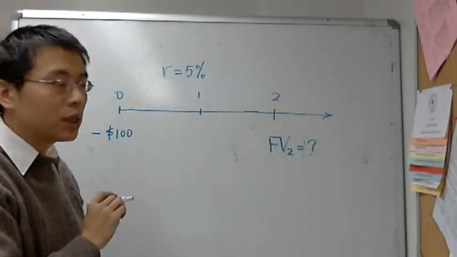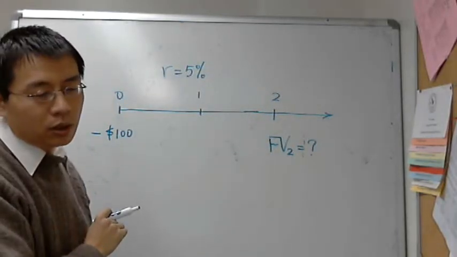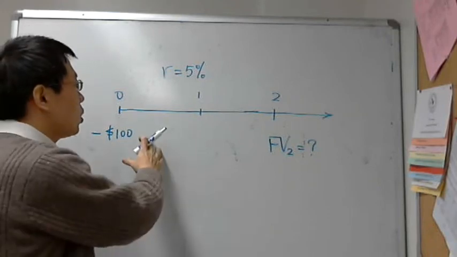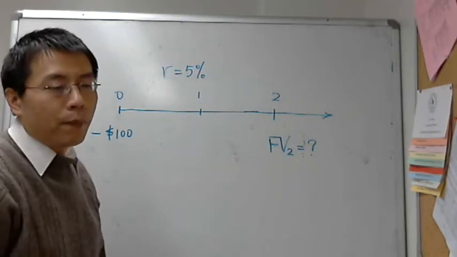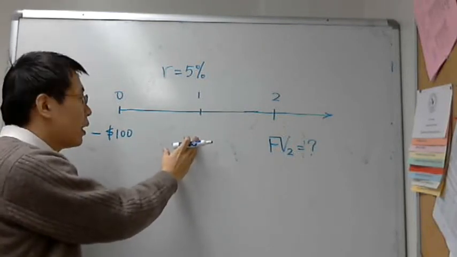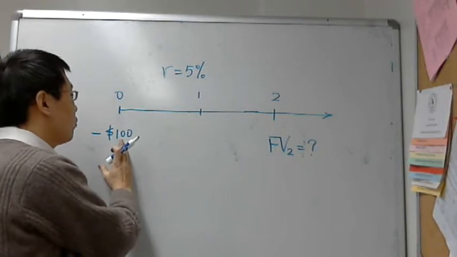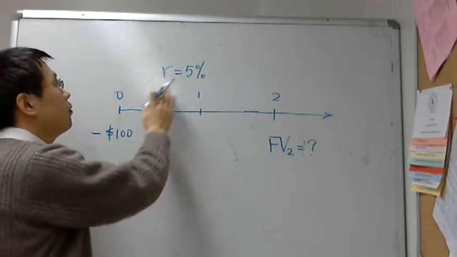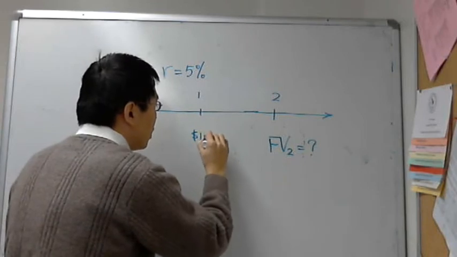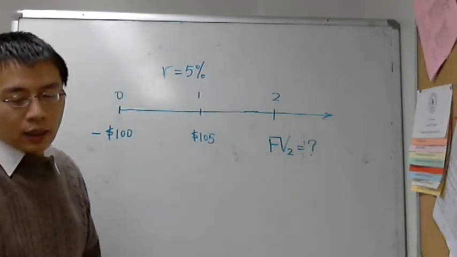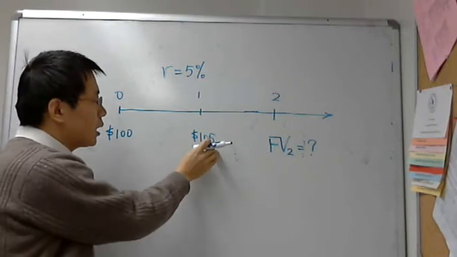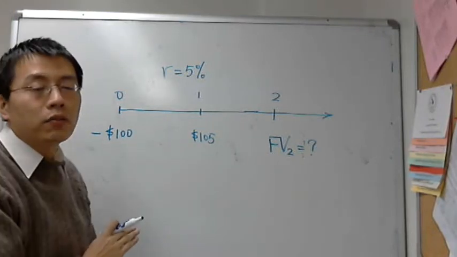In other words, the future value by the end of year 2. So how can we get it? I'm going to work on those 2 periods one by one. First, we work on the first period. That was done already. We know if we save $100, earn 5% for 1 period, we should have $100 and $105. So that is the balance of the account at the end of year 1.